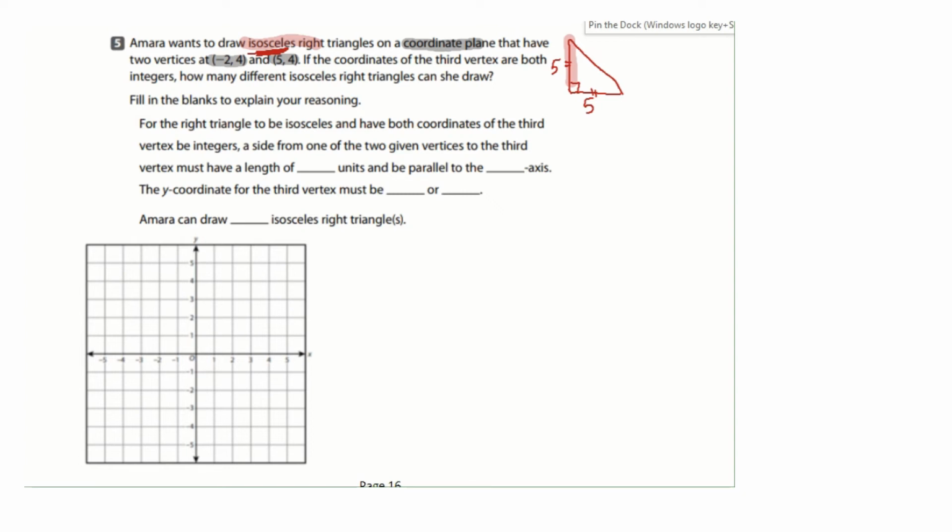So remember, you have equilateral triangles. That's where all sides are equal. If this is 5, this is 5, this is 5, this is called an equilateral triangle. Then you have an isosceles triangle, which doesn't necessarily have to be a right triangle.